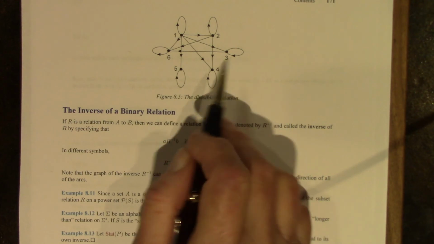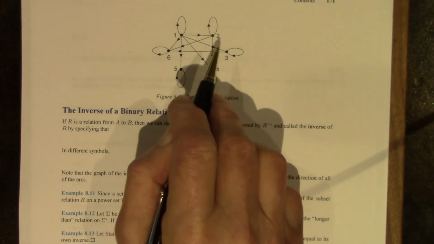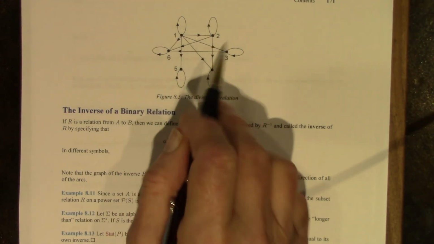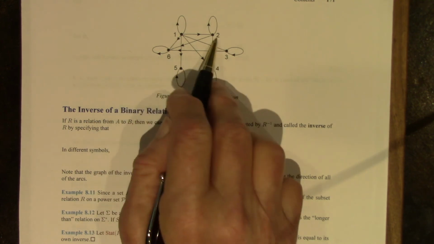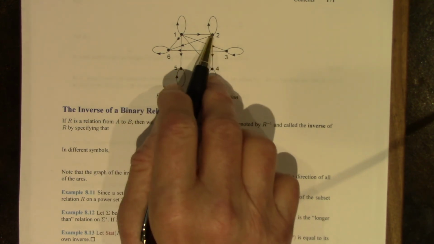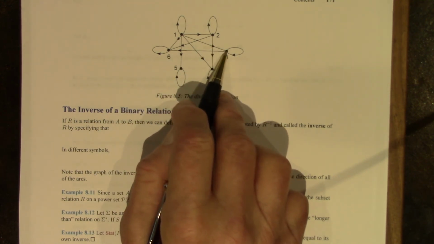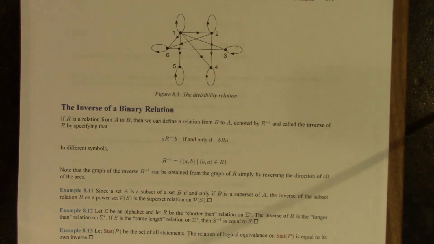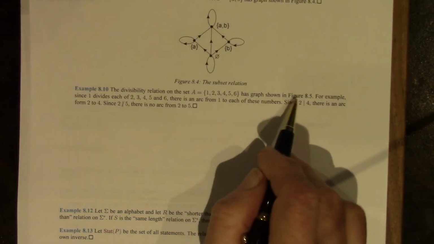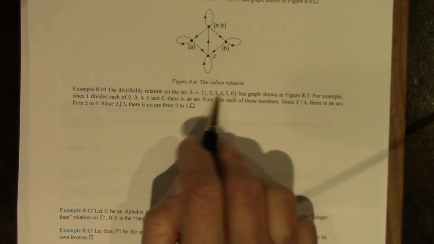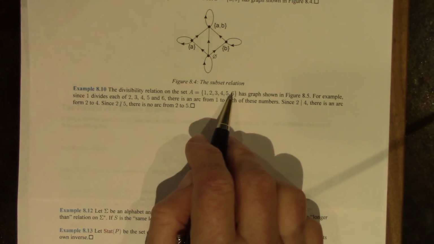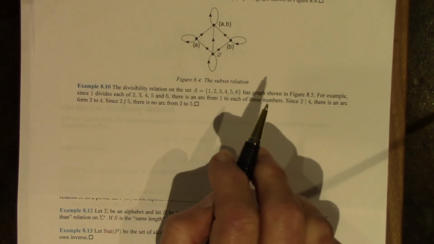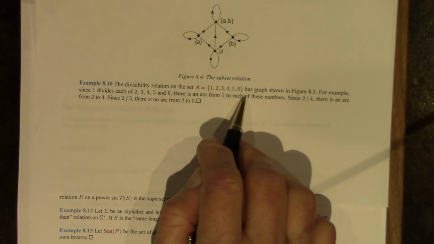So there are all these arrows. 2 divides itself, it also divides 6. It does not divide 3, so there's no arc from 2 to 3, and so on. It would take a few minutes to assemble this picture, but it's all a matter of deciding which integers in this set divide which other integers, not forgetting that an integer divides itself.